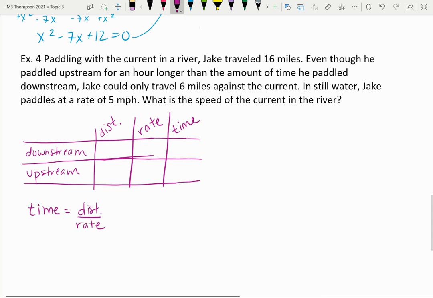One of the things that we're going to need to use here is the knowledge that time is equal to distance divided by rate. And then I've got to go through and fill in all of this information.